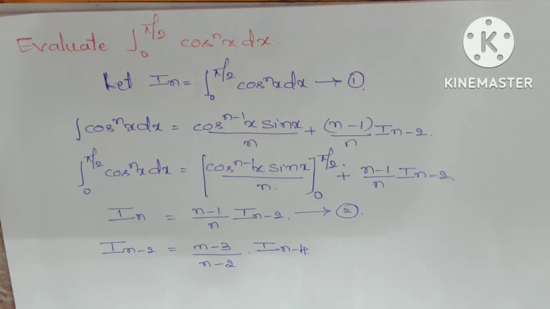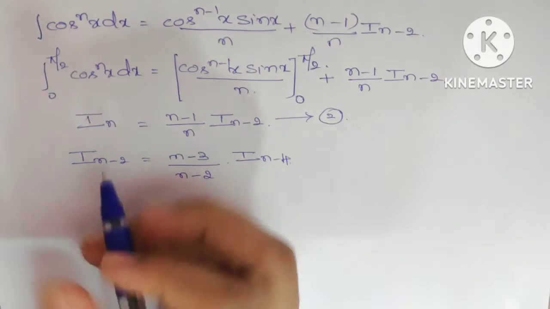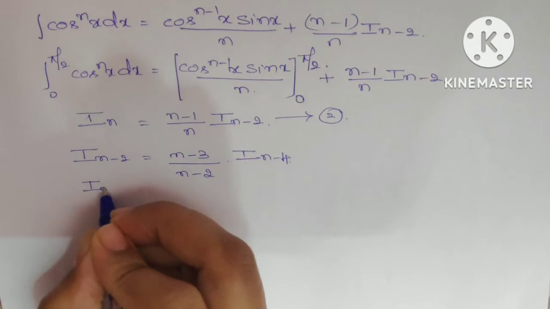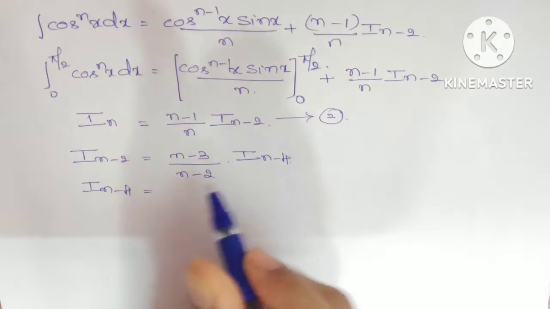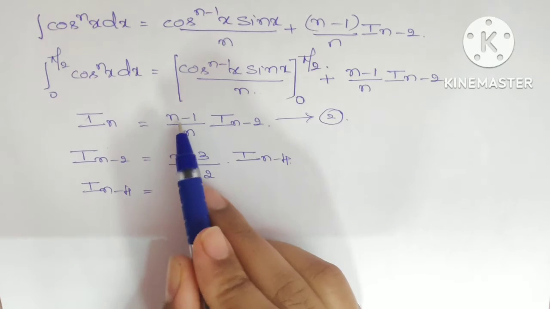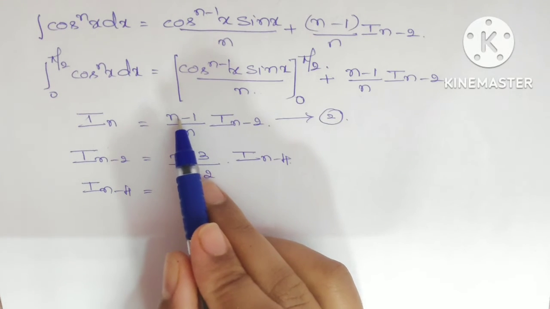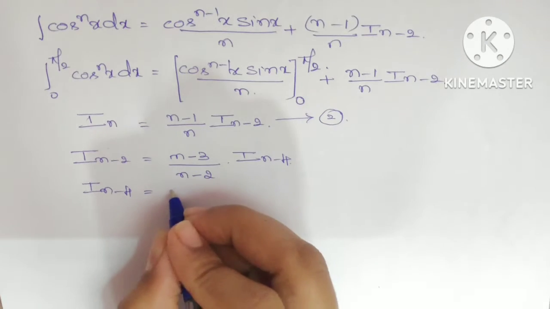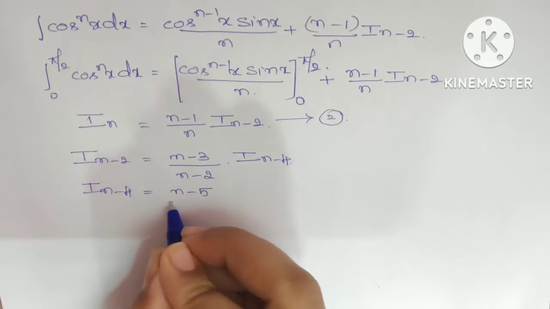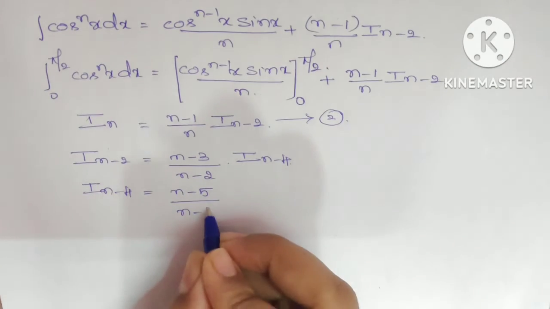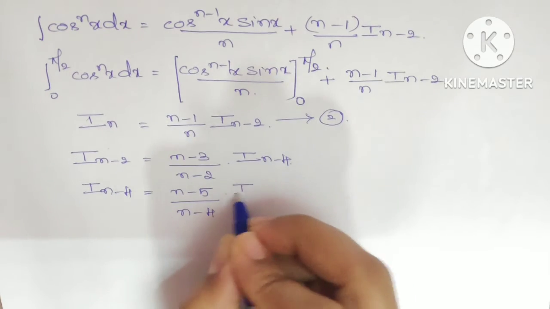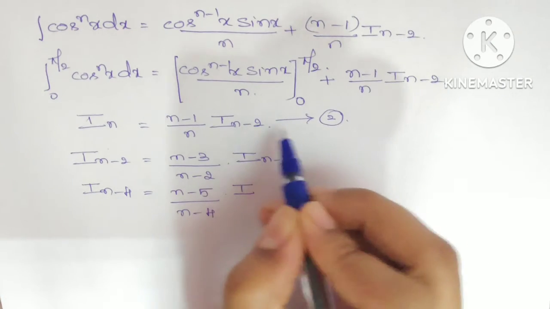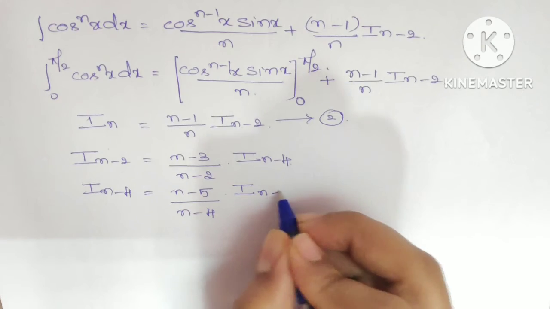Now we have to find out I_(n-4) here. I_(n-4) equals, so replace n by n-4. (n-4)-1 is (n-5) divided by (n-4) into I_(n-4)-2 is I_(n-6).